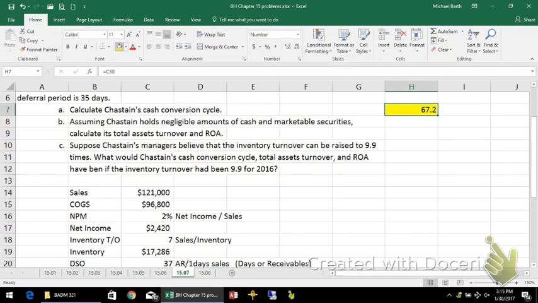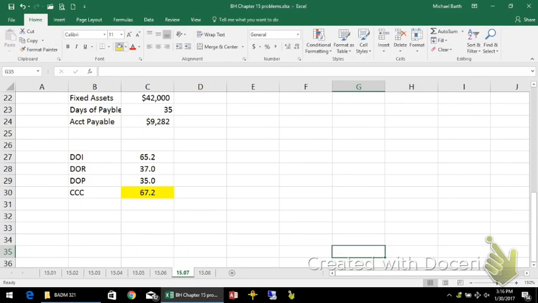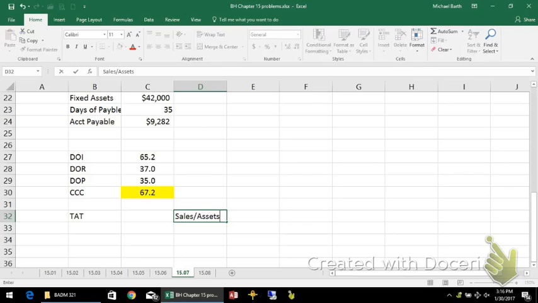Assume that Chastain holds negligible amounts of cash and marketable securities. Calculate its total asset turnover and ROA. Total asset turnover would be sales per dollar of assets, and the ROA would be net income per dollar of assets.